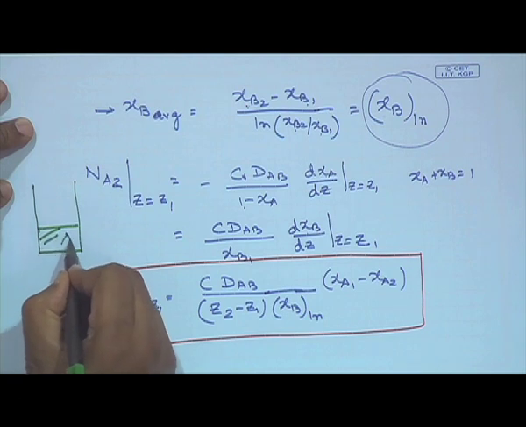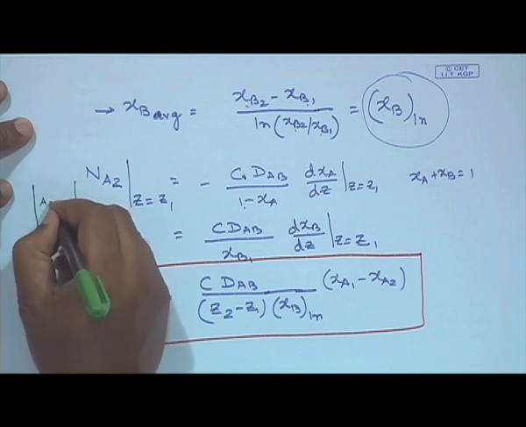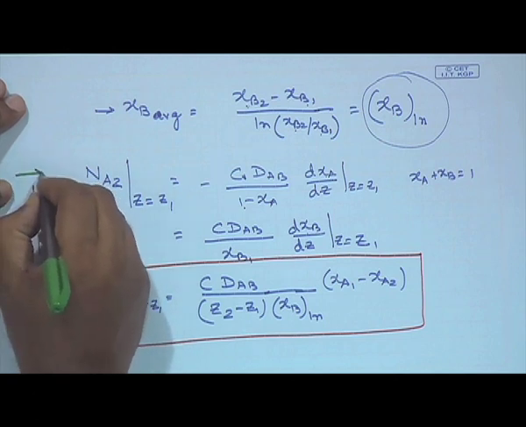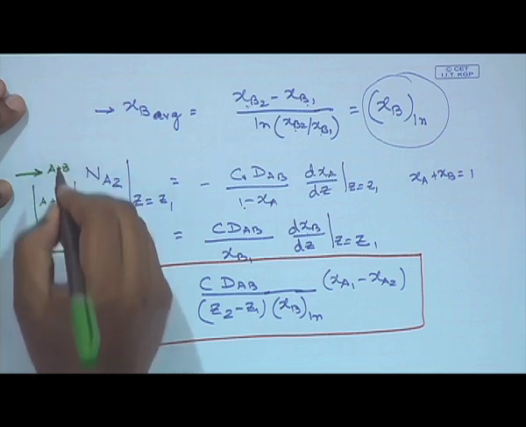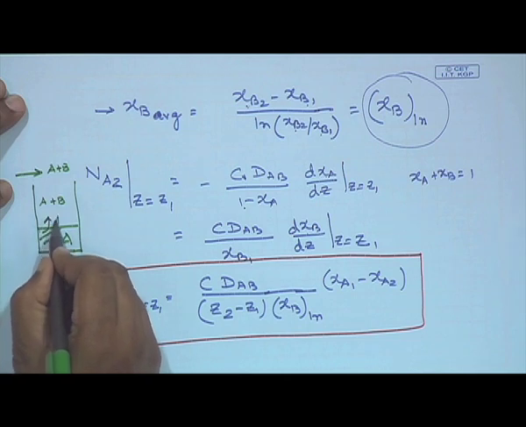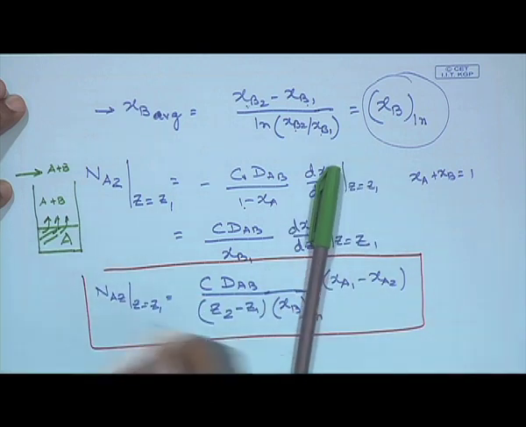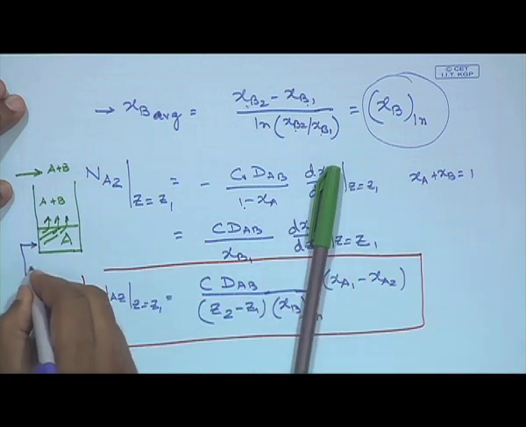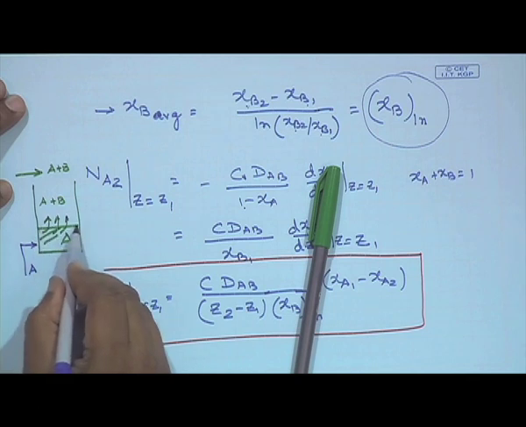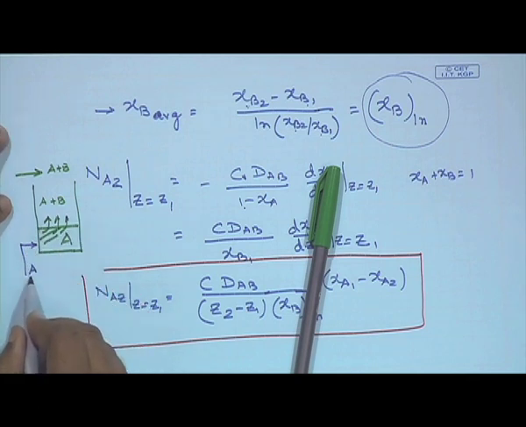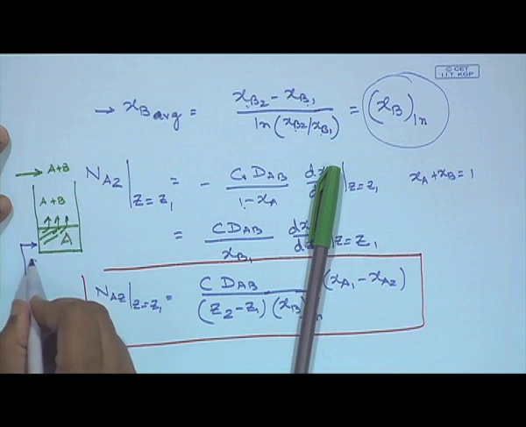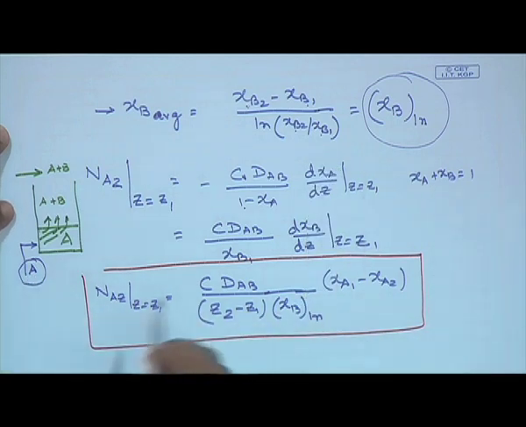What you have here is A, what you have here is A plus B, and what flows above it is also A plus B. Since the evaporation is taking place, in order to maintain the level, you need to supply some amount of liquid A. The amount of liquid A that you need to supply to maintain the level can be measured, since you are supplying it from outside. So, the amount is essentially S times NAZ.